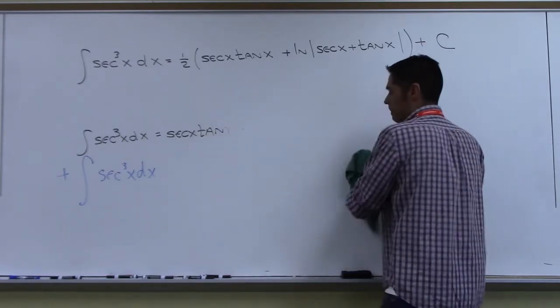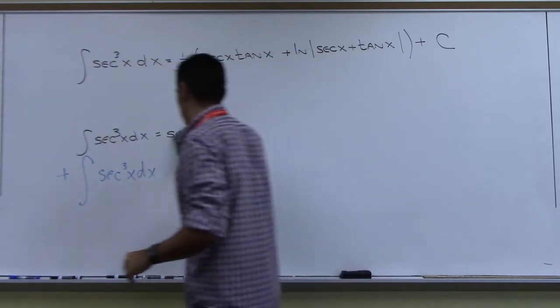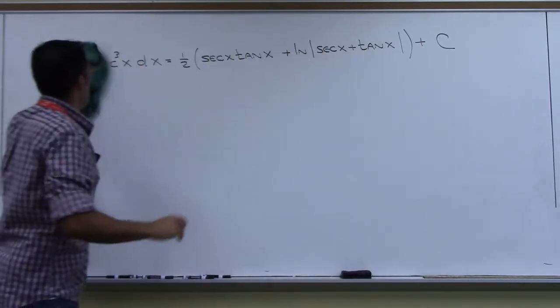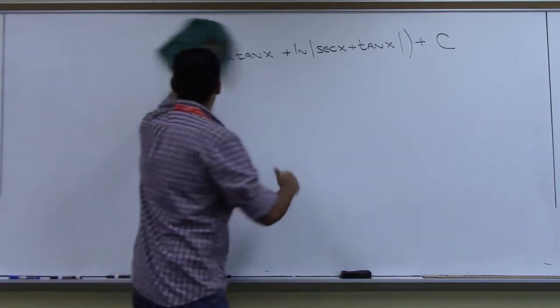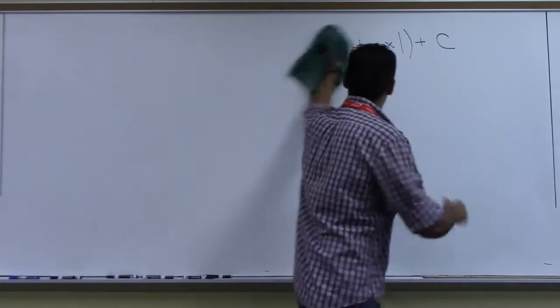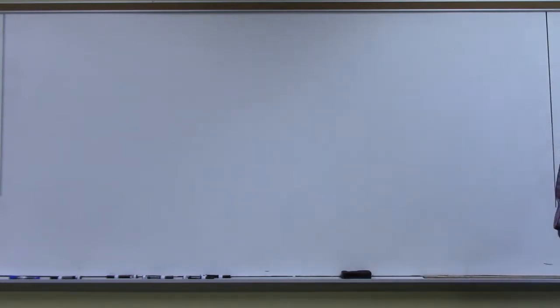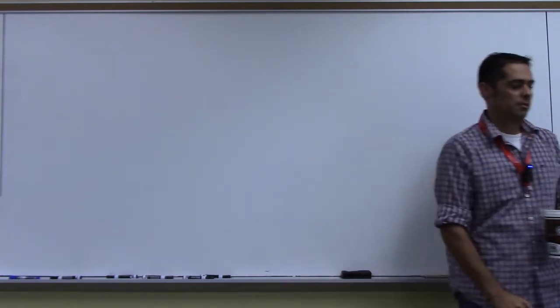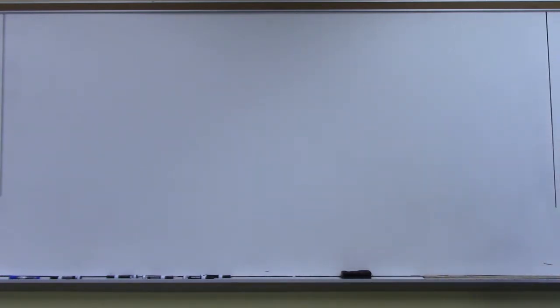This is by far the harder of the two that we are looking at in this section. But everything we just did with all these trig integrals was for a reason. You must be able to do this in order to do what we're about to do. All right, so let's talk about trig substitution.